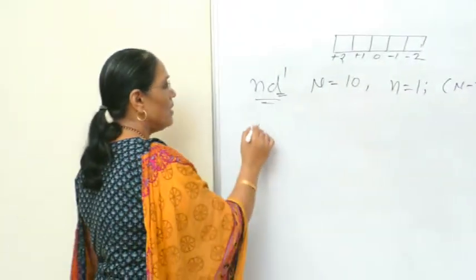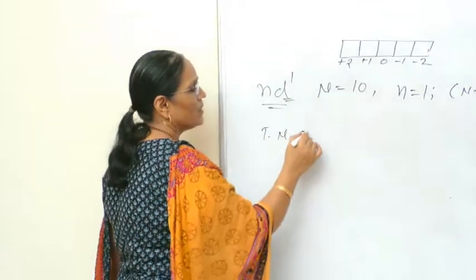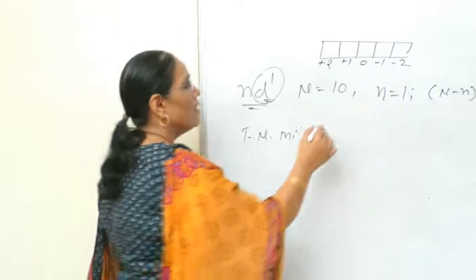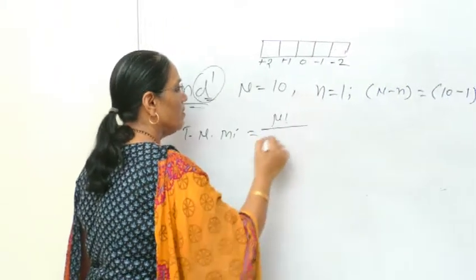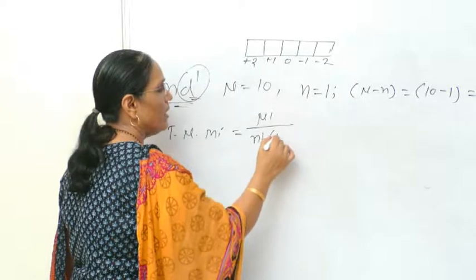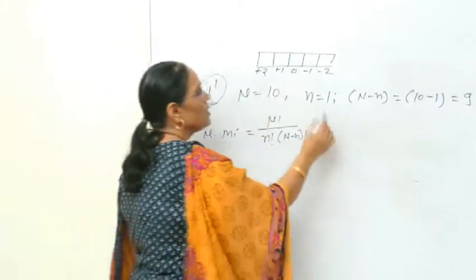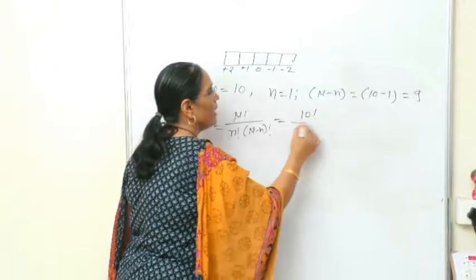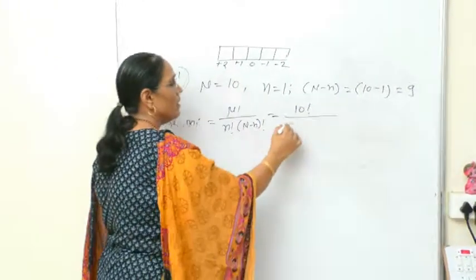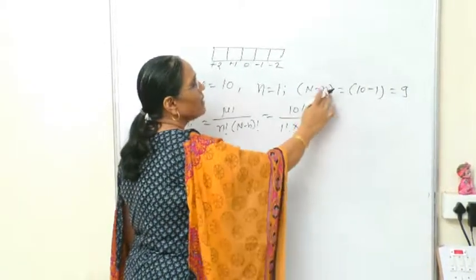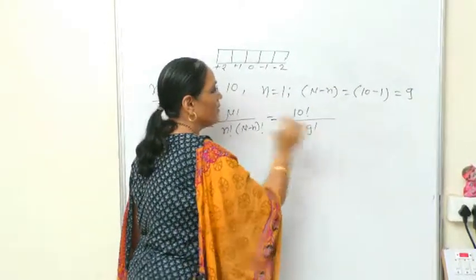So the total number of microstates for the nd1 configuration, again N factorial by small n factorial into N minus n factorial, where capital N is 10: 10 factorial by small n, 1 factorial, into N minus n, that is 9 factorial.